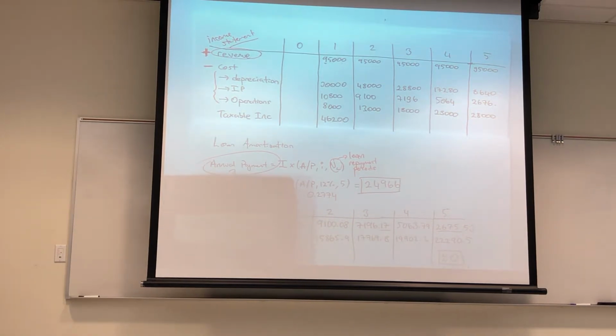We're going to do this for every year. If it says 10 years, you're going to do it for 10 years. So $95,000 minus 48 minus 9,100 minus 13,000.